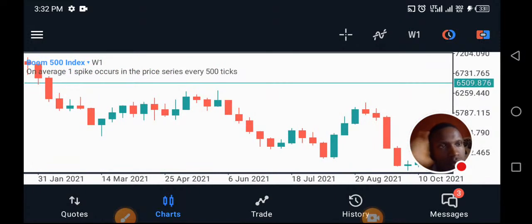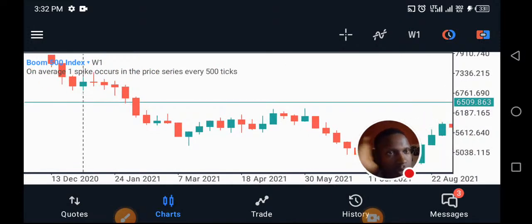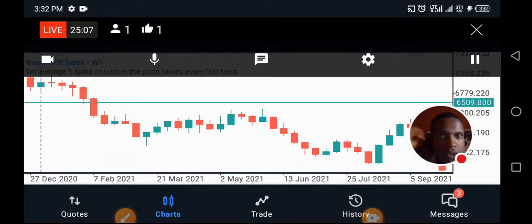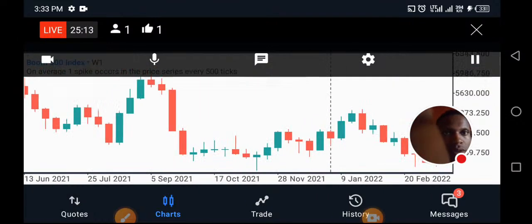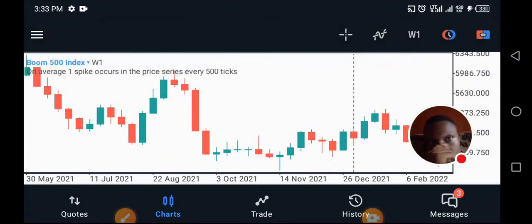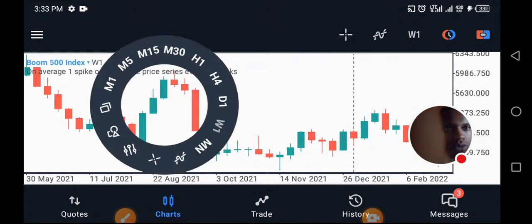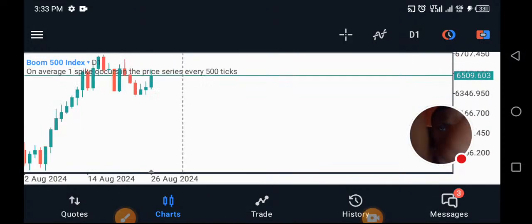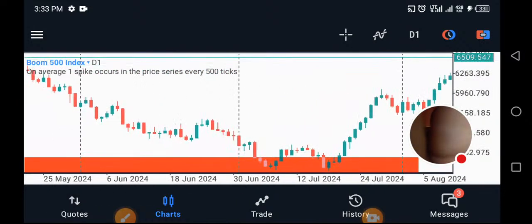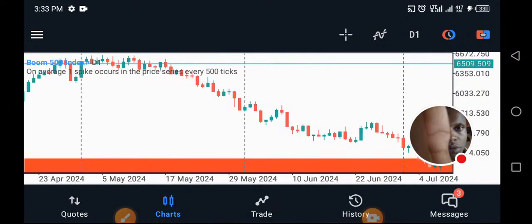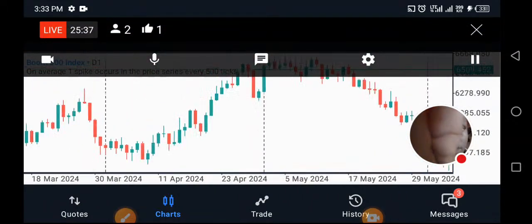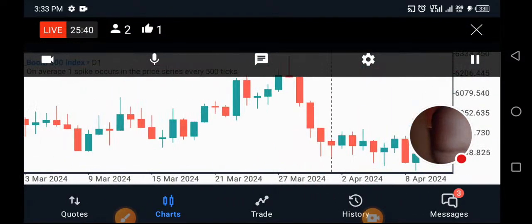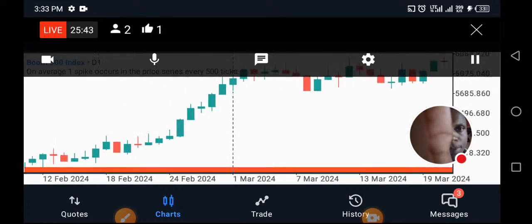So for example now, I'm trying to look for another example that will help us explain this concept better. So let me go to the daily time frame. On the daily time frame, guys, I'm trying to look for an example to explain.